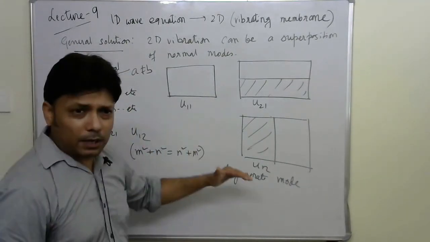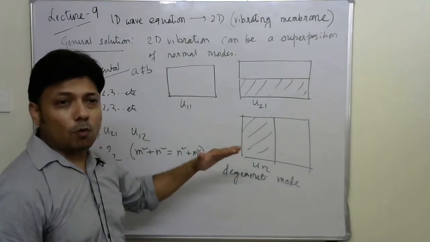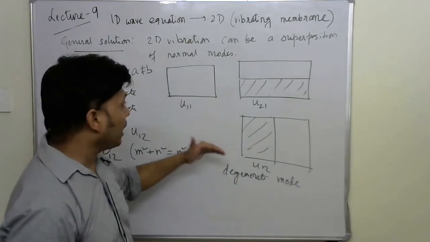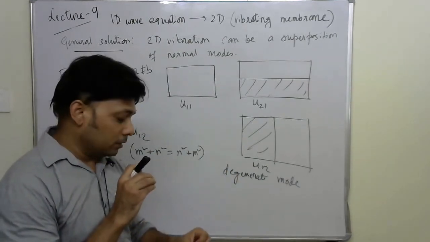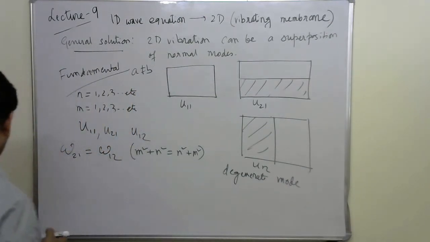So in quantum mechanics, later we will find this kind of degenerate modes of vibration pretty often. So this concept of degeneracy actually arises right from the two-dimensional vibrating membrane. All right.